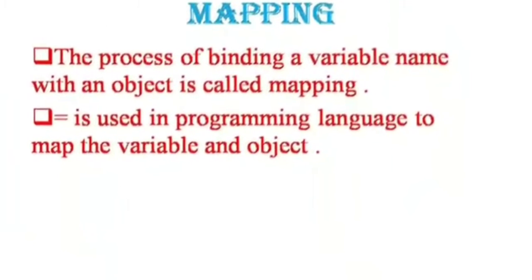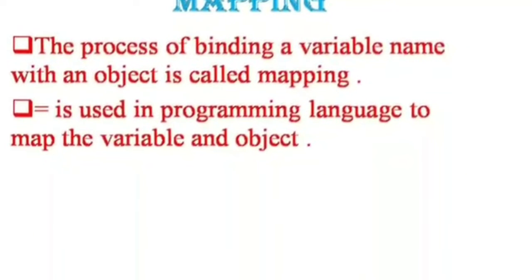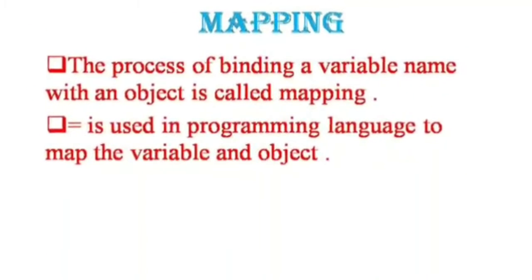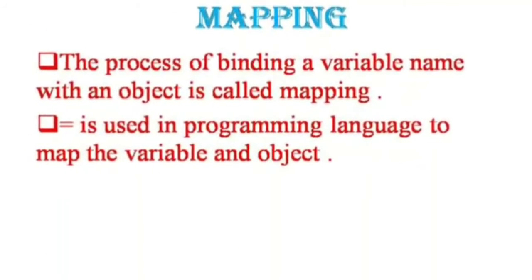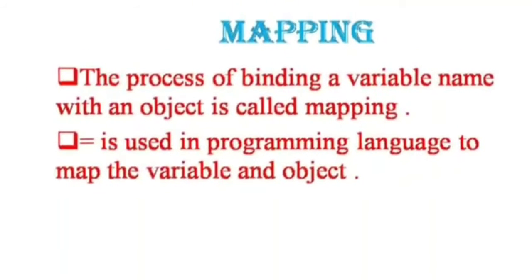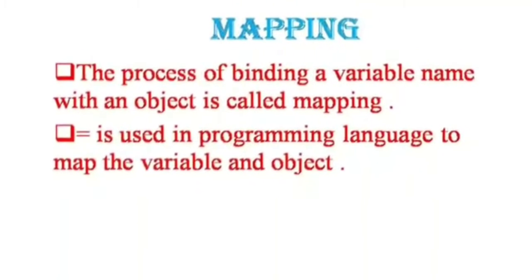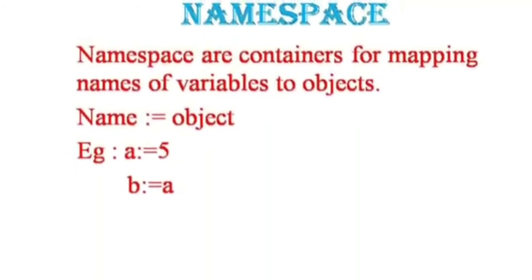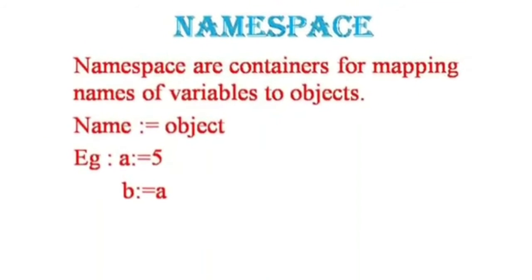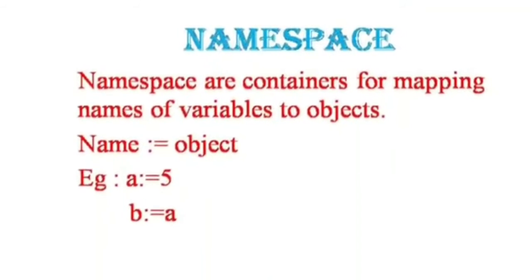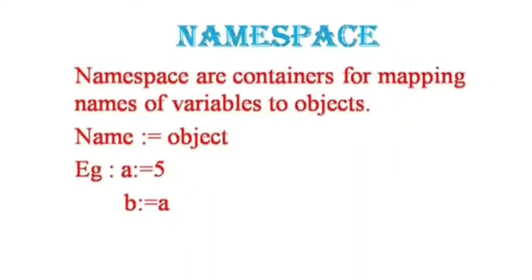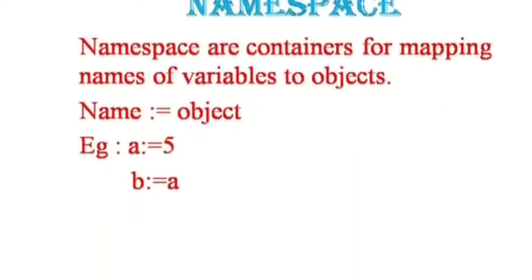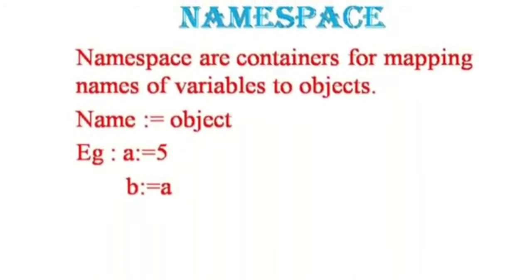Now, what is a mapping? The process of binding a variable name with an object is mapping. The equal to sign is used to map the variable and object. Now we will see what is a namespace. Namespaces are containers for mapping names of variables to objects.